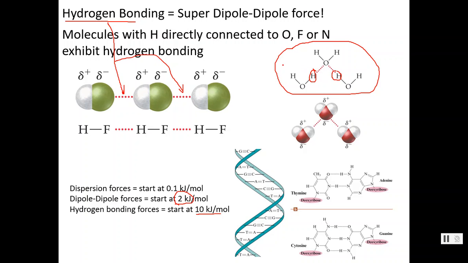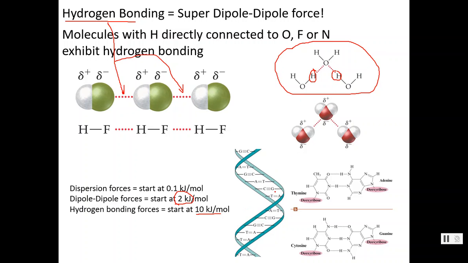That's because it has a high specific heat, and it has a high specific heat because it has all of this hydrogen bonding, all of this intermolecular force that needs to be disrupted to get that water to the gaseous phase. So hydrogen bonding happens in water, and happens a lot in biomolecules as well.